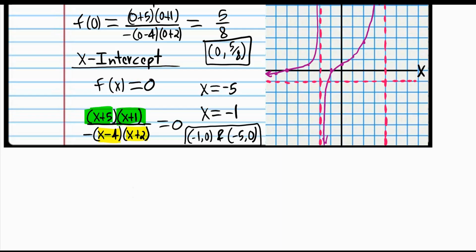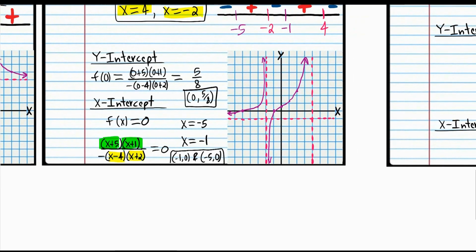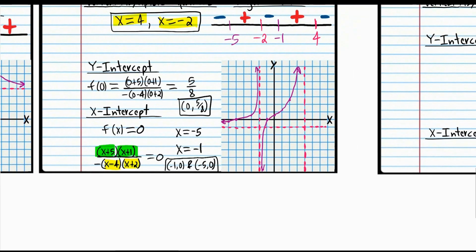That's negative 8.57. So 1, 2, 3, 4, 5, 6, 7, 8, and that's outside the window. So we can't really graph that point.